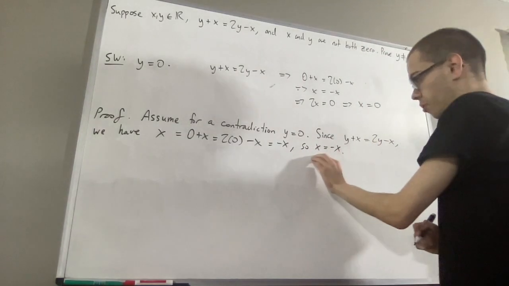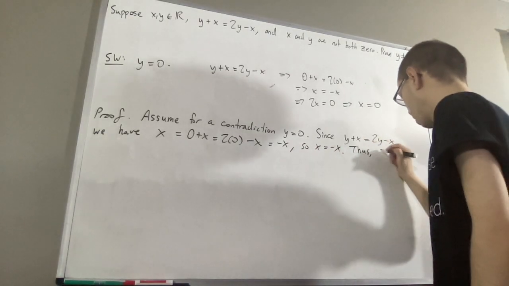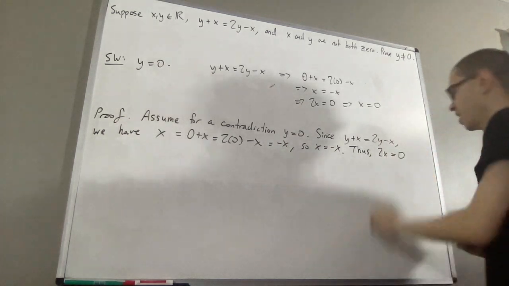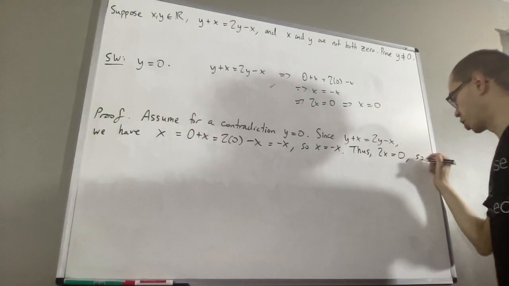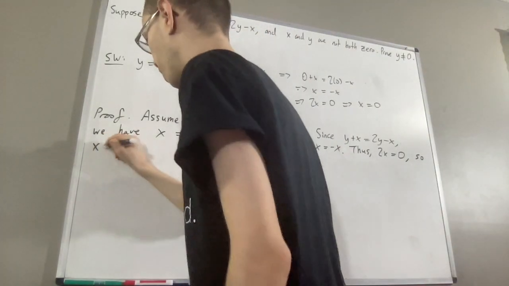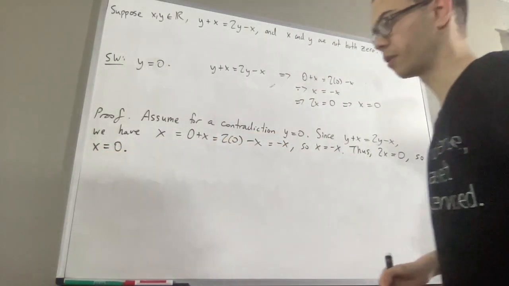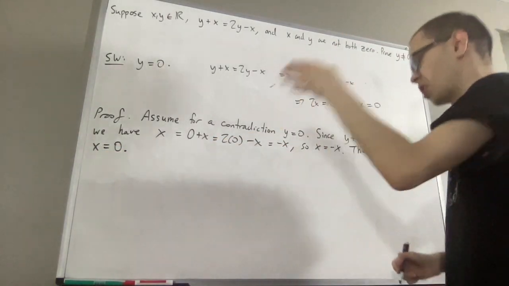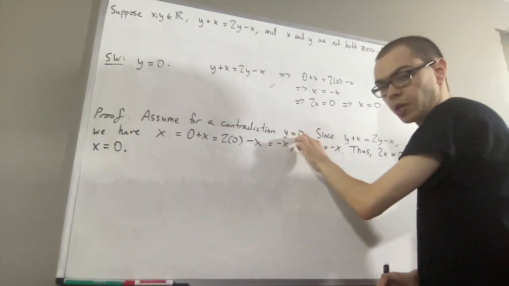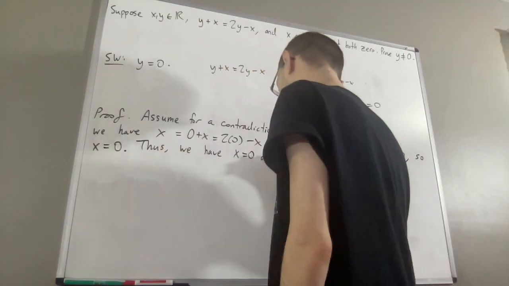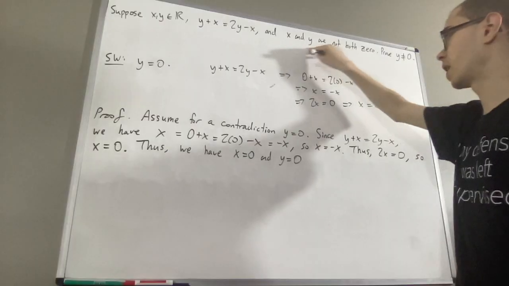Then we add x to the other side, so we get 2x equals 0. So I'll say thus, 2x equals 0. Then when we divide 2 to the other side, we see that x is equal to 0. So I'm going to write so x is equal to 0. It's understood that we algebraically obtain x is equal to 0 here. Now we're going to emphasize we have deduced that x is equal to 0 and y is equal to 0, which contradicts our hypothesis that x and y are not both 0.